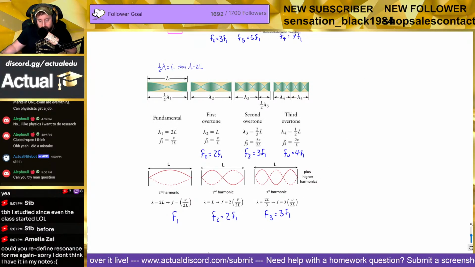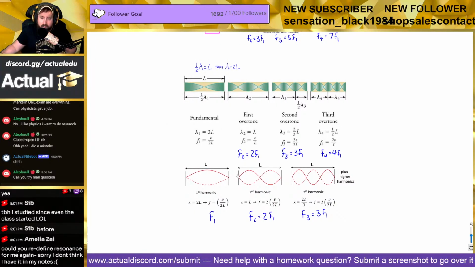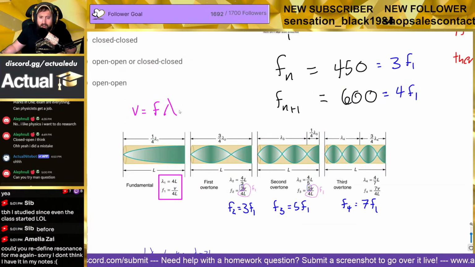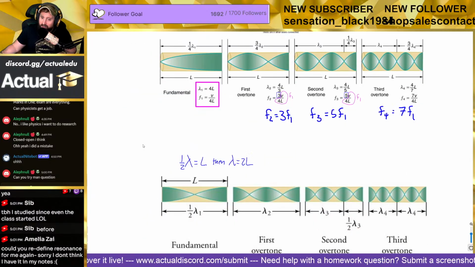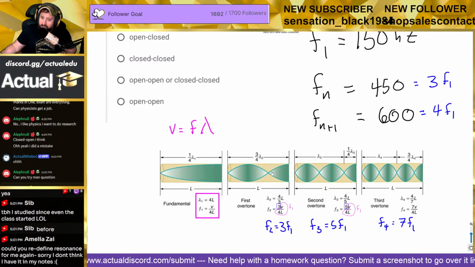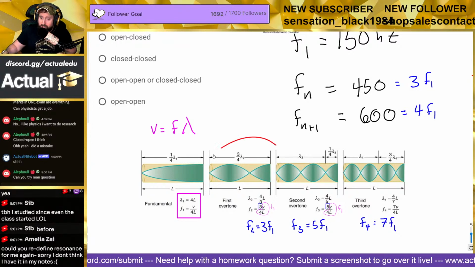Sure. Redefine resonance. Okay. So resonance, there's a lot of different things for resonance. We can talk about the natural resonant frequency of a rope. That's kind of like the fundamental. Well, that also depends on the tension. If we're talking about harmonics, they're just higher frequencies of the waves that fit in the same geometry.